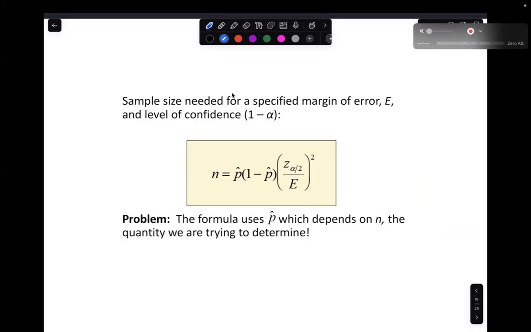So the problem here is that if I haven't already taken a sample, I don't have a p hat yet. So this gives us a bit of a conundrum. So there's 2 different ways that we can figure out what to use for the p hat. So this formula right here, this is the critical value. And this right here is my margin of error.